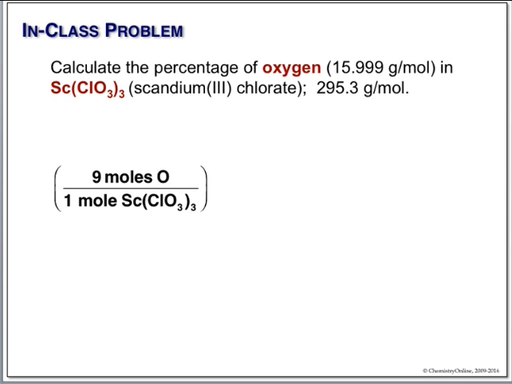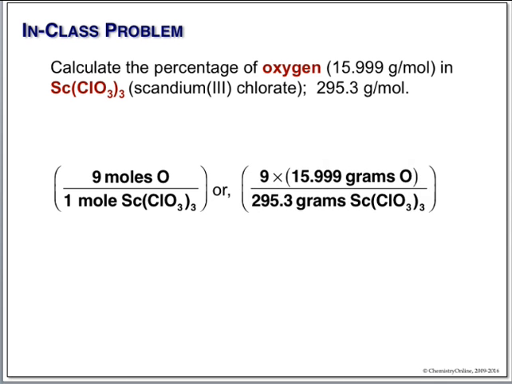Every oxygen weighs 16, with 9 of them. 9 times 16 divided by 295.